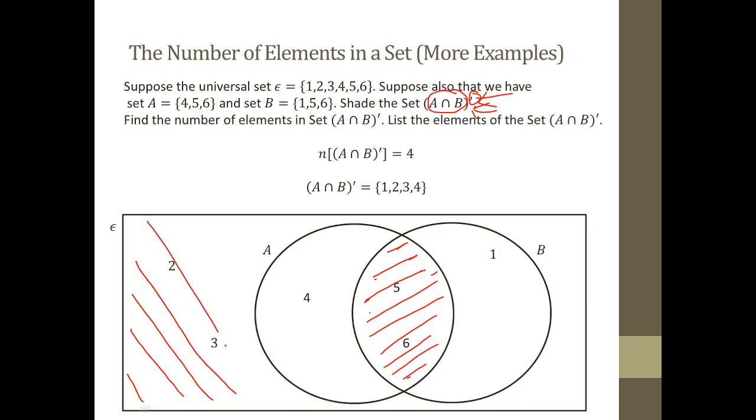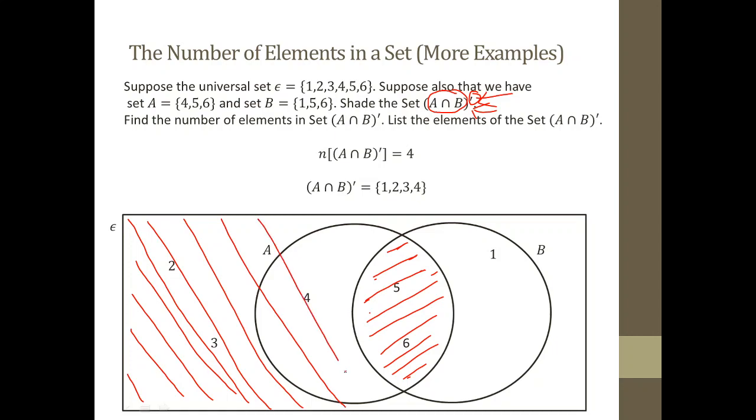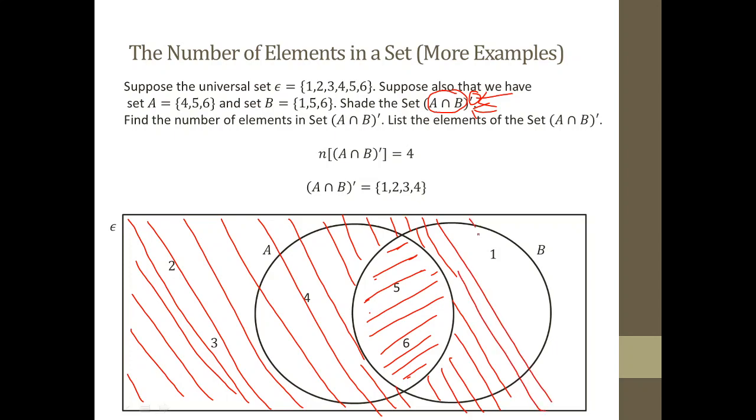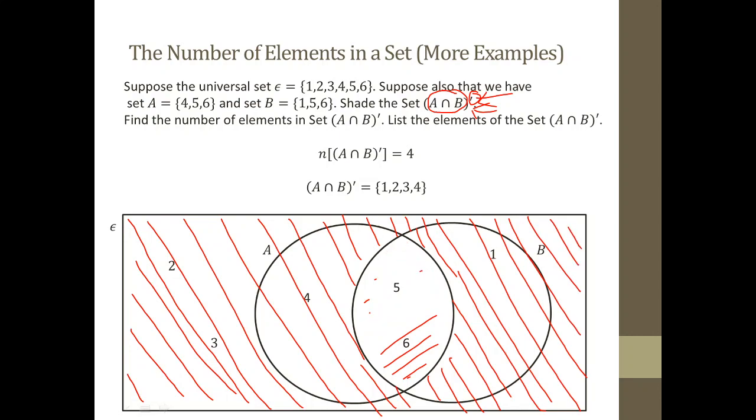So this is how I shade it. So this is how I shade the set bracket A intersect B bracket prime.